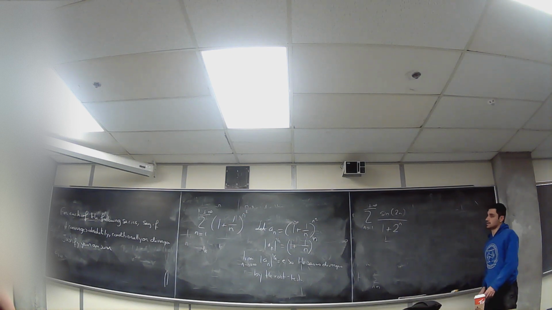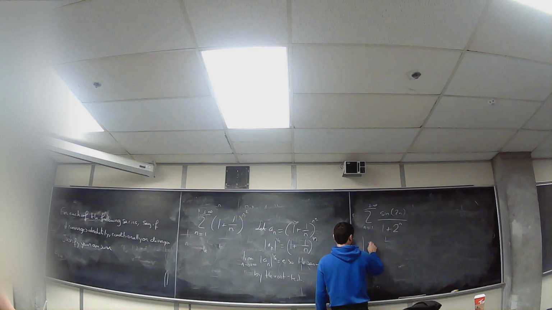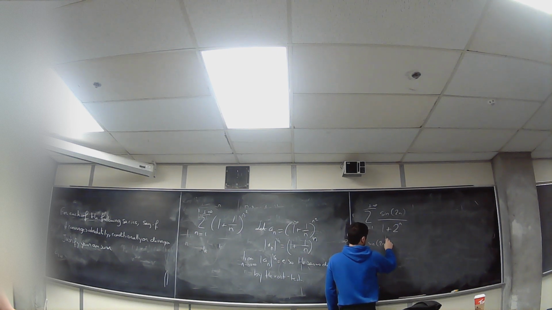Can you take the absolute value of it and bound it by 1? Sure, that's the thing to do. So sine 2n is less or equal than what? Right?